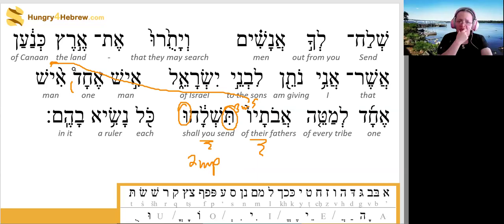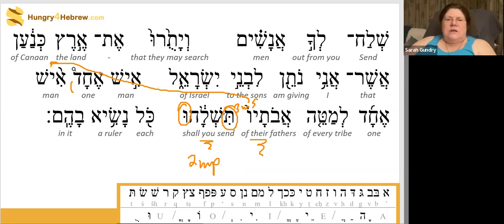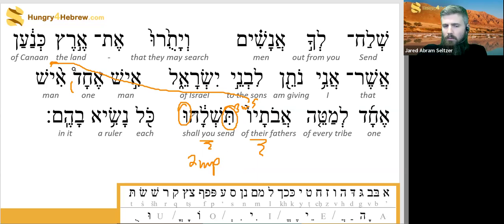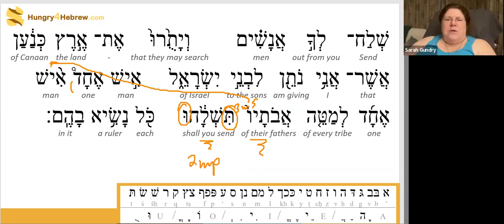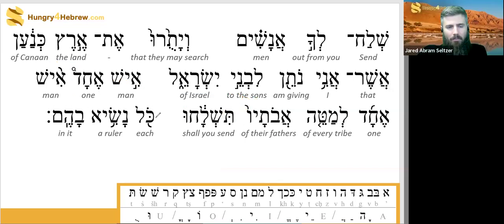Or is it masculine plural? It's the sons. To the sons of Moses, speaking to you all? Ish, maybe? That's what I was working out. Okay, good. Kol nasi vahem, each a ruler among them, referring probably to all the tribes, possibly.